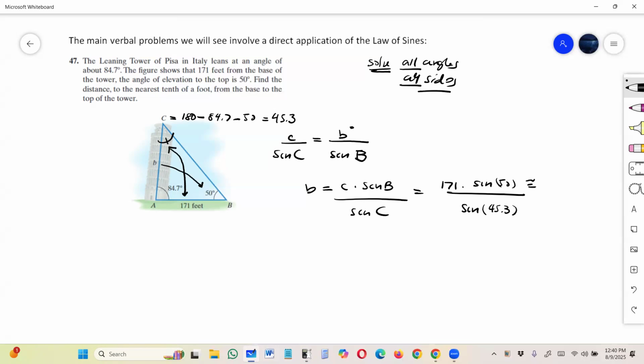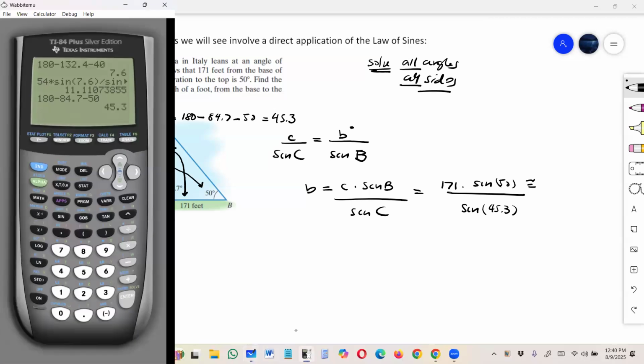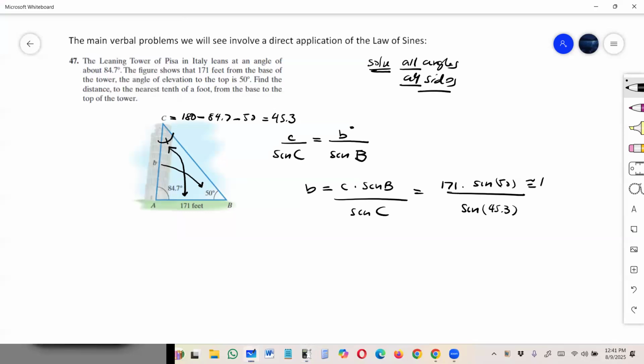All right, so approximately, let's go to the calculator for that. 171 times sine 50 divided by sine 45.3, and we get 184.29, or 184.3, doesn't matter.